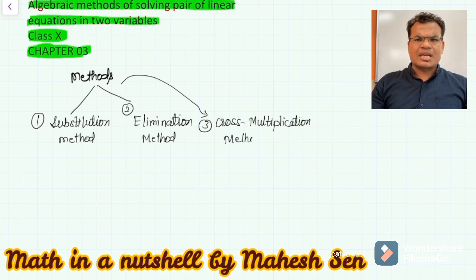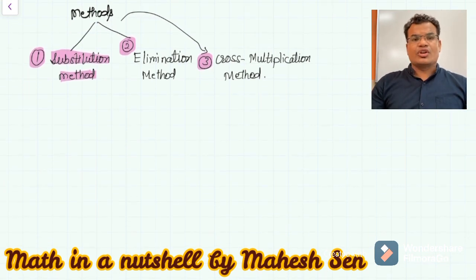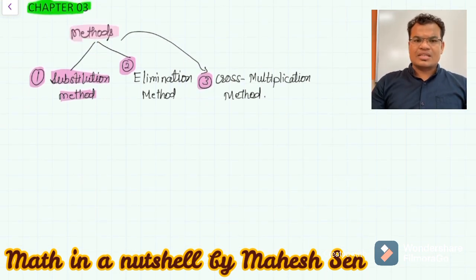First we'll take some examples and then we'll come to the exercise only. Right, let's start now. What are these methods, how we can use them, and basically how you substitute the variable x in the given equation of y. Let's start. We'll have some examples here.